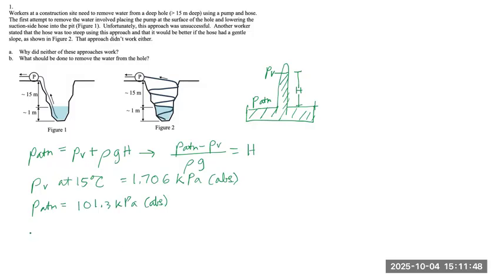Rho is the density of water, which we take to be 1,000 kilograms per meter cubed. And gravity g is equal to 9.81 meters per second squared.